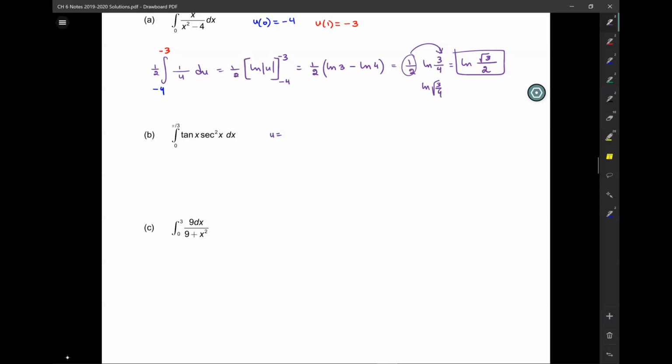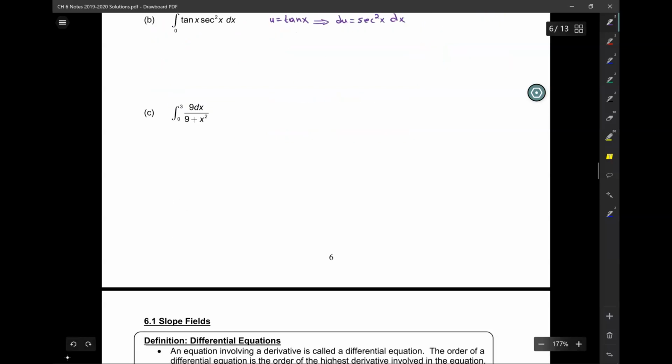So the u here has to be tangent x, because du is secant squared x dx. If you do it the other way, it actually does not work.